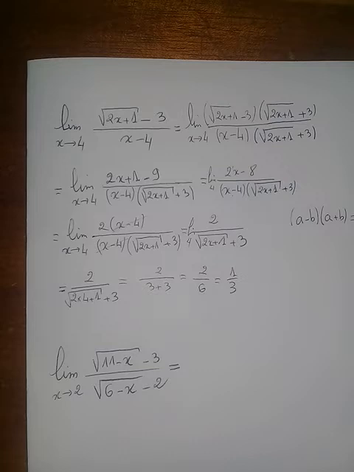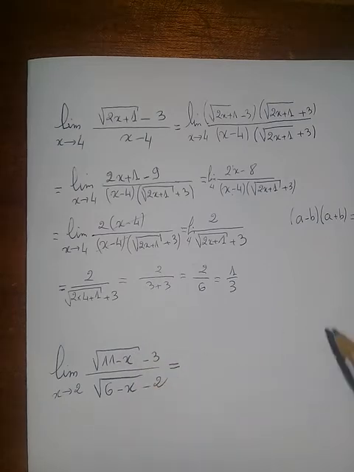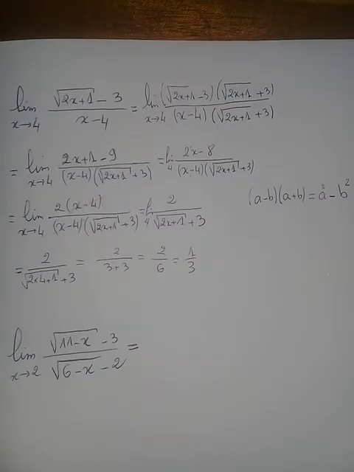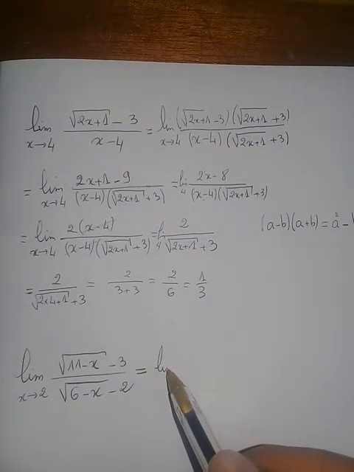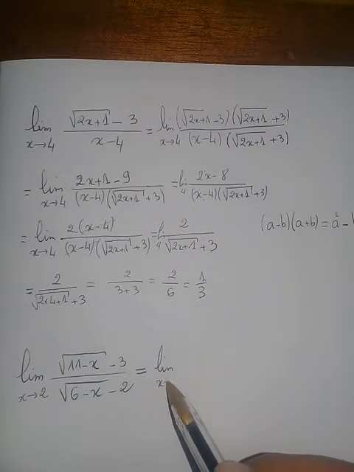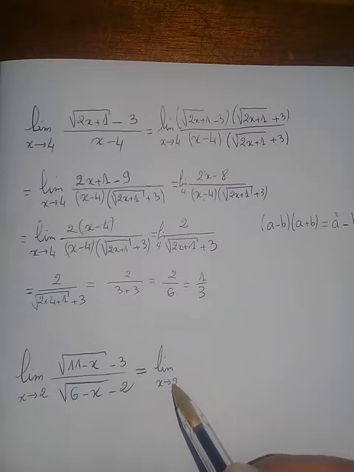So definitely it's going to be the conjugate. But since they both involve square roots, I'm going to multiply by the conjugate of both of them. So it's going to be a little bit long, but we've got to concentrate. x approaches 2.